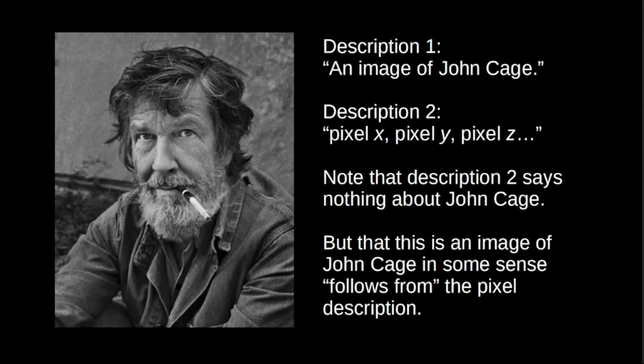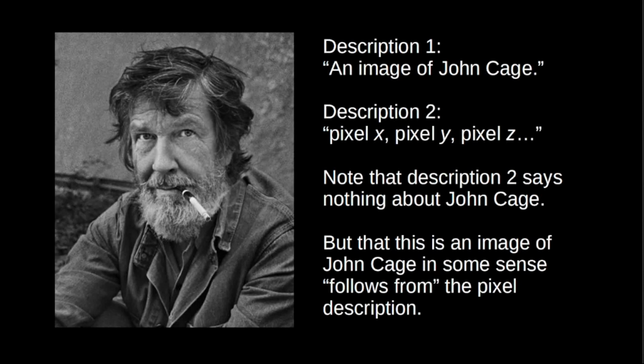So consider this photograph. There are many ways that I could describe this photograph. I could describe it as an image of John Cage. But of course this image is made up of pixels. So I could similarly describe each pixel that composes the image plus its location. I could say, here is a white pixel, next to it is a grey pixel, next to it is a black pixel, and so on. It would take me a while to do that, but I could do that. And this second description, this pixel description, does not explicitly say anything about John Cage.